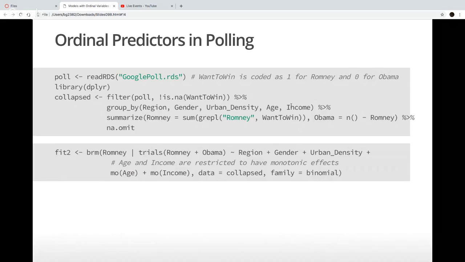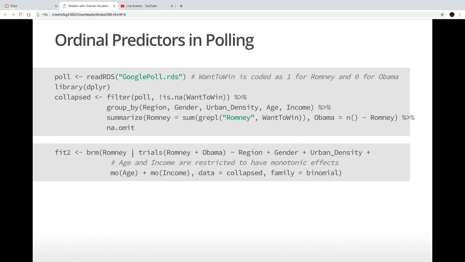And so when we go to specify this in brms, we use this vertical bar thing that I referred to on Tuesday. This is the count of the number of people in each stratum who favor Romney, and then the total number of people is the number of people who favor Romney plus the number of people who favor Obama, and that syntax is what's used in brms when estimating models for a binomial likelihood.